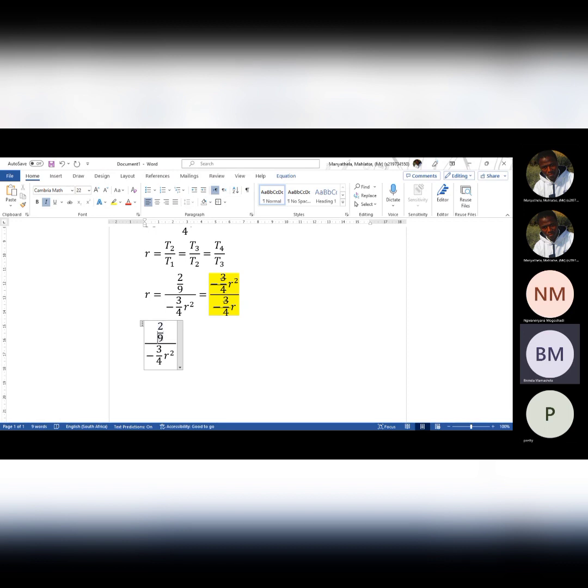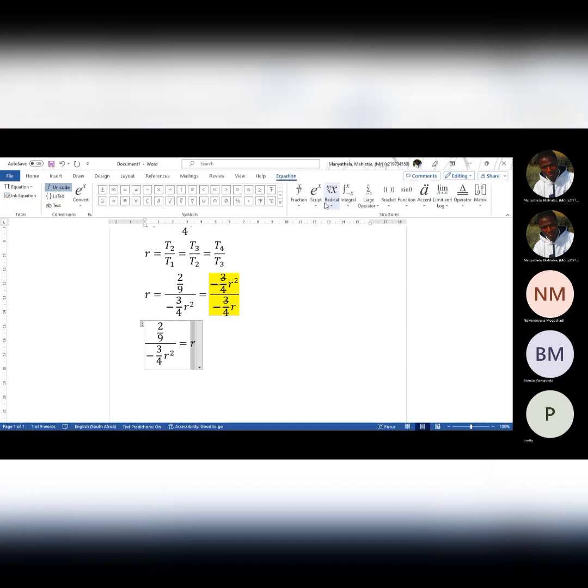Necessary for now. We can still write it as R over 1.